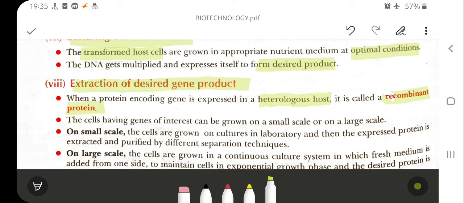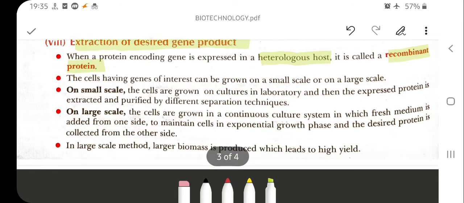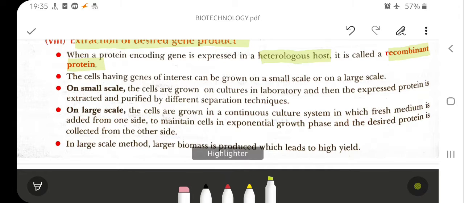The cells having a gene of interest can be grown on a small scale or on a large scale. On the small scale, the cells are grown in cultures in the laboratory and then the expressed protein is extracted and purified by different separation techniques.